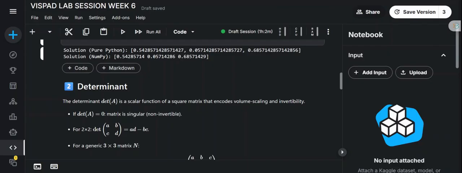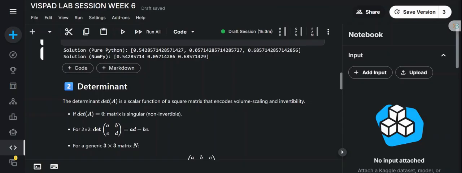Mr. Siama showed some graphs and showed that the determinant shows you the factor by which the area, or the volume, was increased, and it also encodes some information about invertibility.